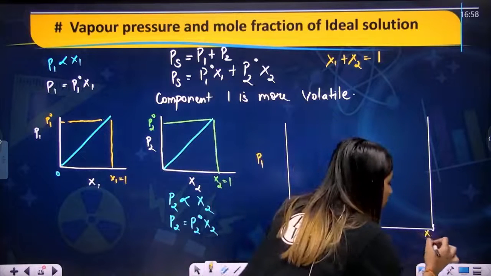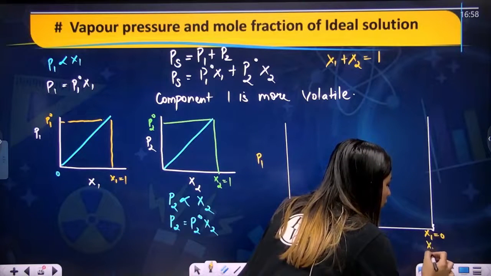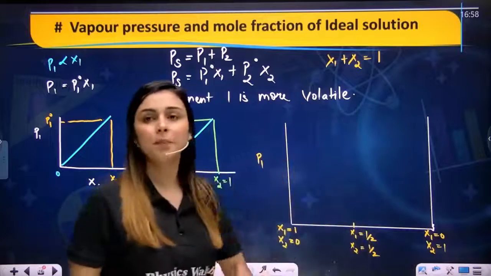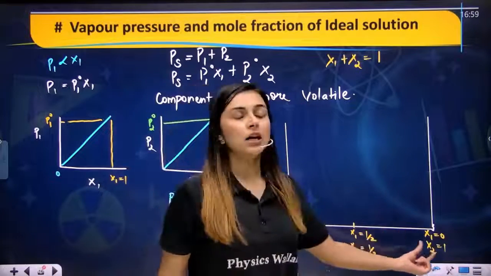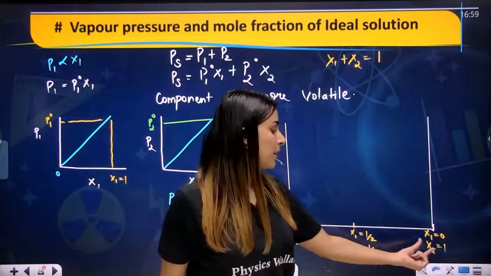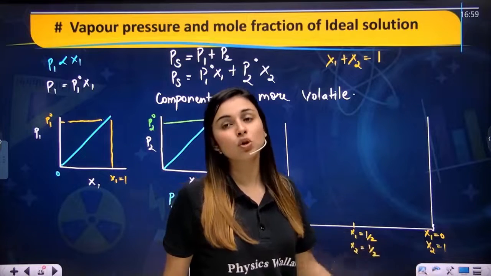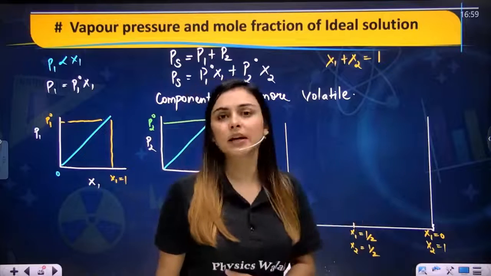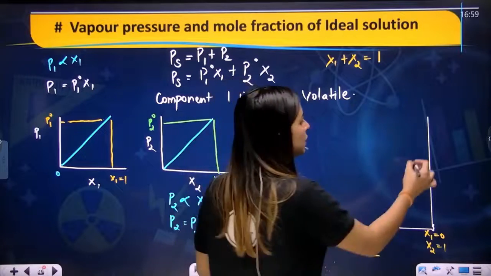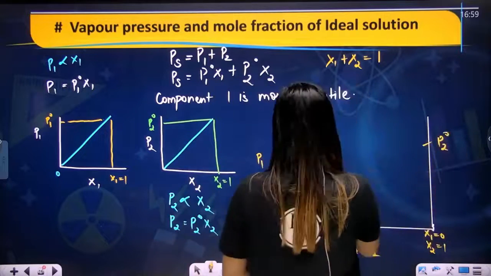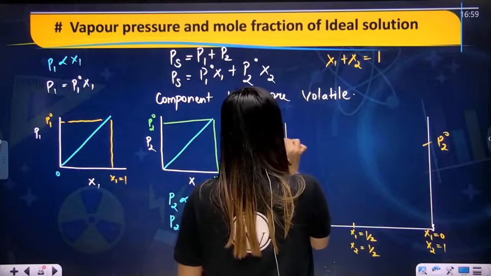Here, the mole fraction of 1 will be equal to 0 and the mole fraction of the second component will come out to be 1. Since here the complete mole fraction is because of 2, the vapor pressure here will come out to be P2 naught, and here it will come out to be P1 naught.